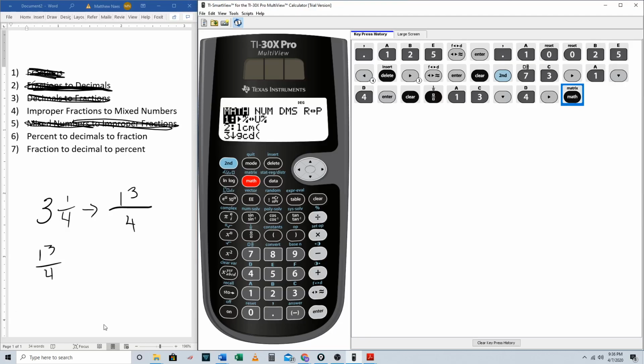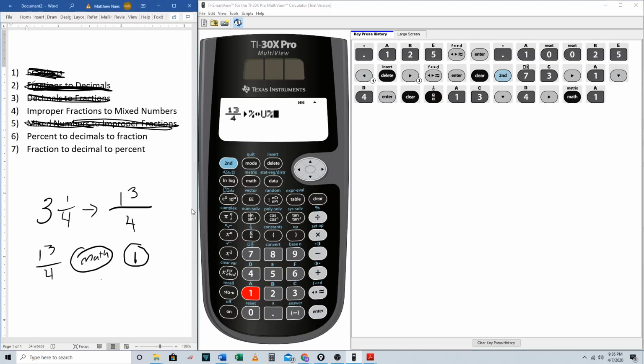Okay, so math. And it's going to be right here. It's the very first one. So just press enter, or you can just press 1. So I'm going to press 1, so you know that's what I'm pressing. And you're going to see this pop up, which is N over D, double arrow, that double arrow setting, which basically means convert to N over D. So this means improper to mixed number.